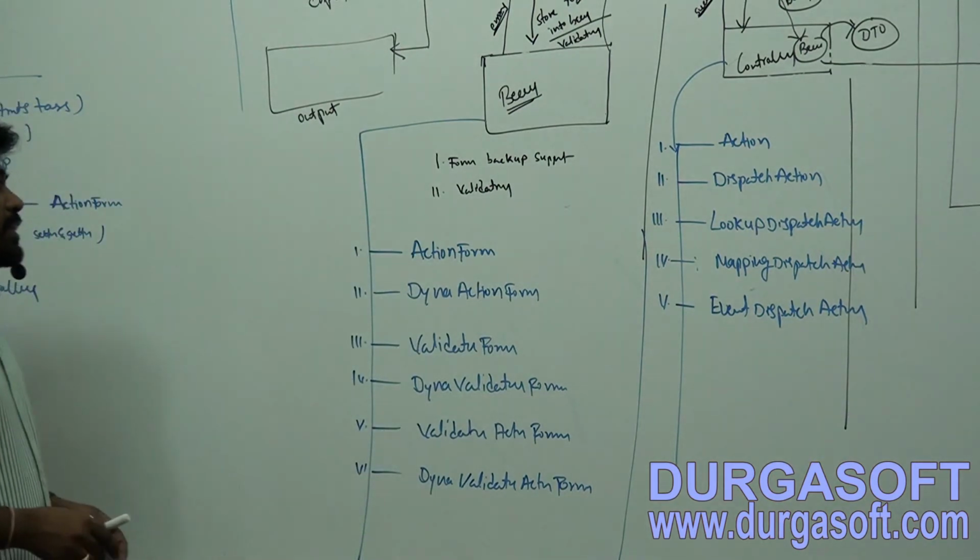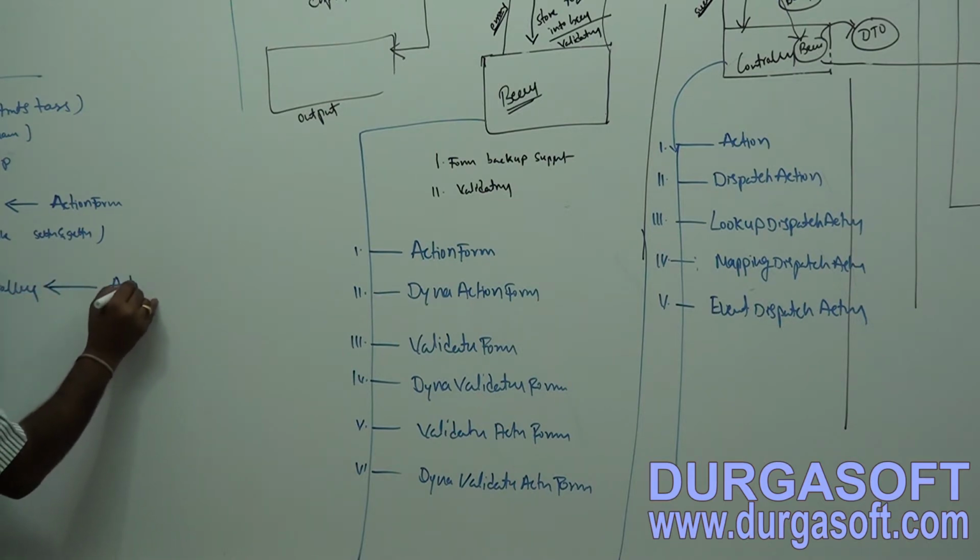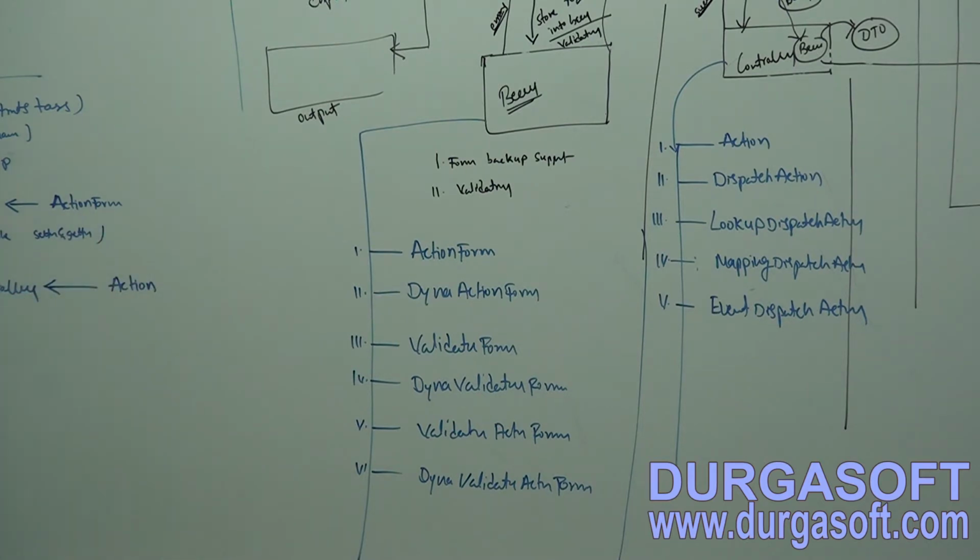By using any one of these classes, you can implement your controller class. For implementing the controller, you can go through the Action class. In this Action class, what do we have to do? We have to read this bean data and send it to the model part.